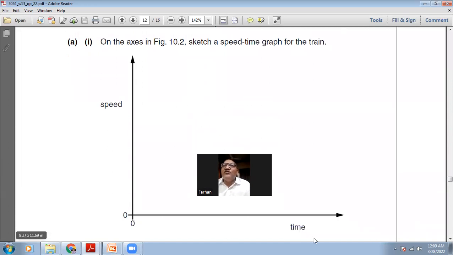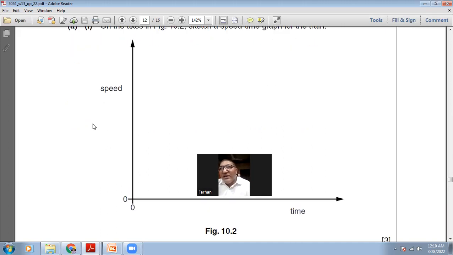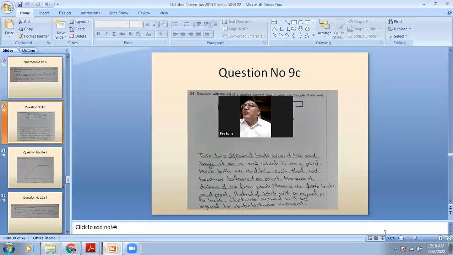The train was initially at rest and then it started accelerating, and gradually the acceleration decreases until the train reaches a speed of 40 meters per second, and then continues at that constant speed. So we will start the graph from here. I will draw a curve with decreasing gradient and then I will make it flat, horizontal. So let me show you.